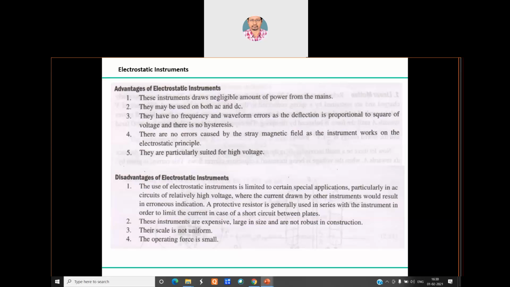PMMC we should not say, because generally we don't use PMMC for AC measurement because of its poor efficacy, and for DC, nothing is more perfect than the PMMC, right? So they have no frequency and waveform error as you have experienced in the case of moving iron and electrodynamometer type of instruments. Clear? And no hysteresis loss. So these are the advantages.